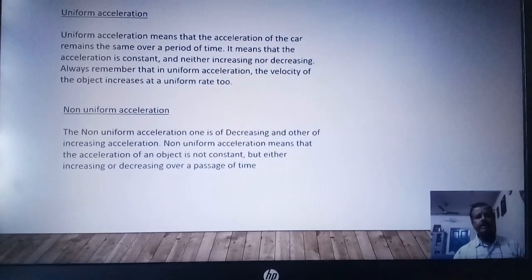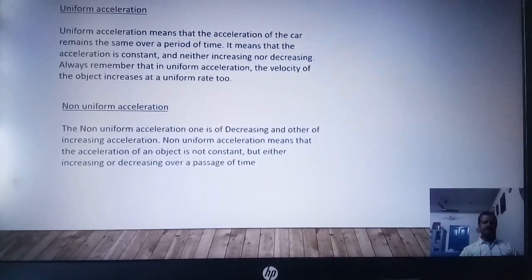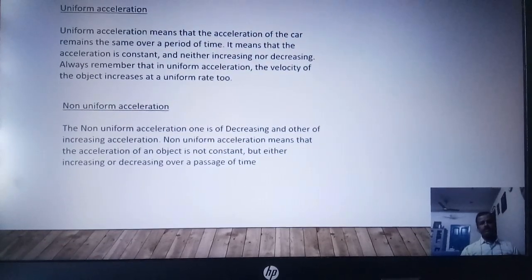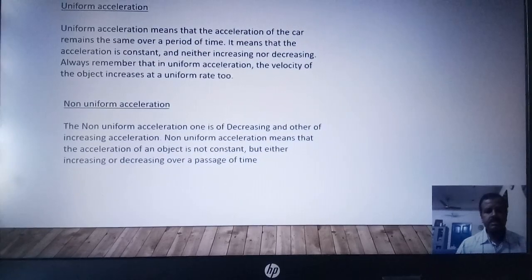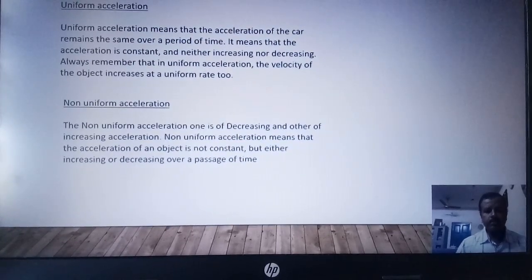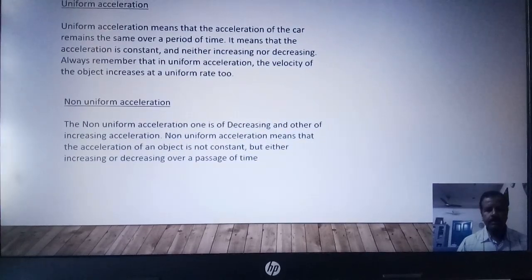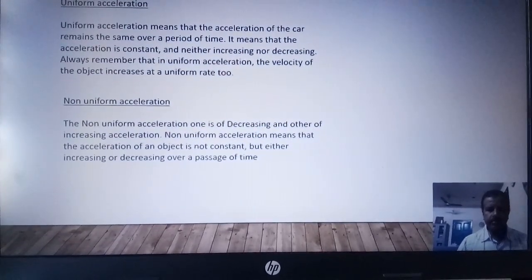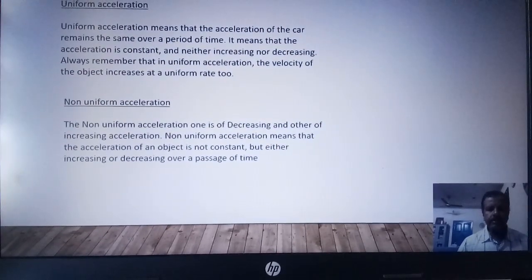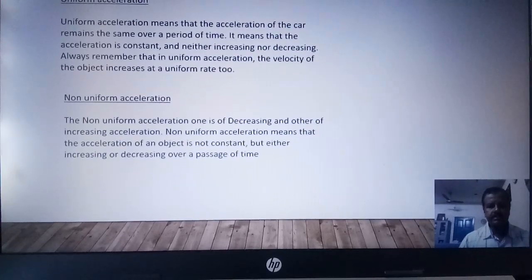Now, again we study uniform acceleration and non-uniform acceleration. In case of uniform acceleration, a body changes its velocity in equal amounts in equal intervals of time. Remember, when the body changes its velocity in equal amounts in equal intervals of time, then it is said to be under uniform acceleration.